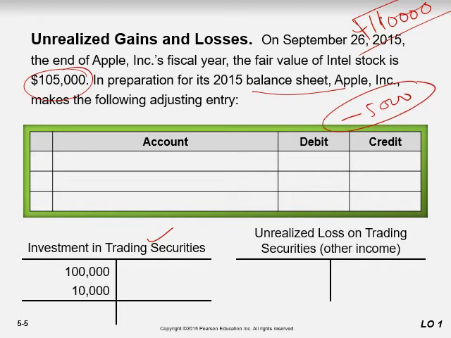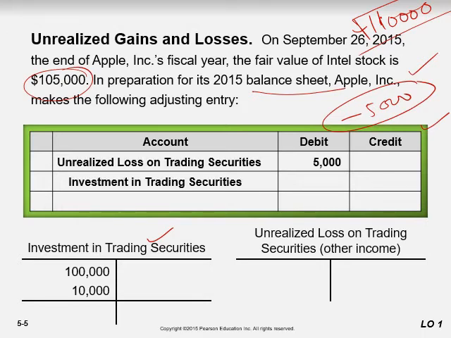The trading securities would be credited, because when an asset decreases, we credit, and the unrealized loss increases. We call this a debit because it's kind of an expense, right? Unrealized loss 5,000 to investment in securities 5,000.